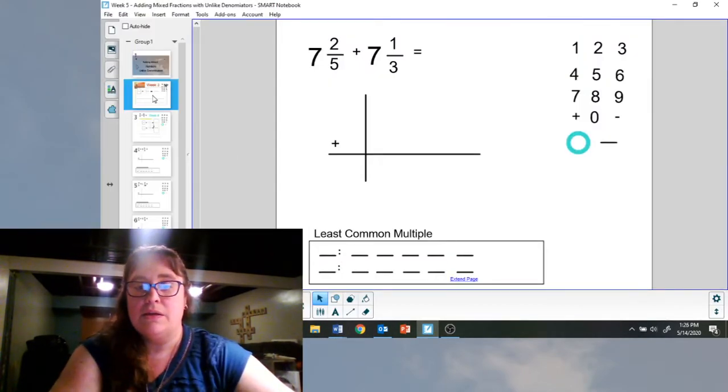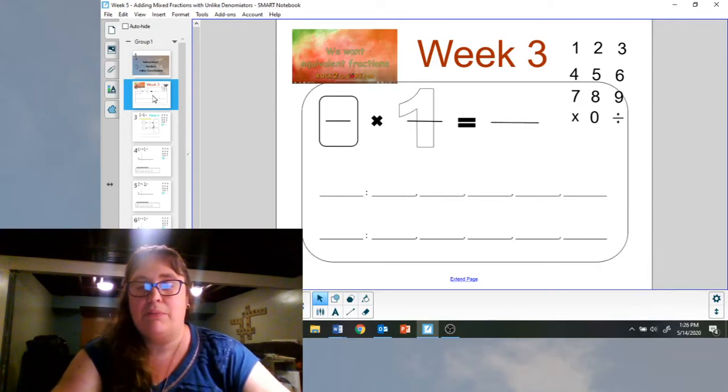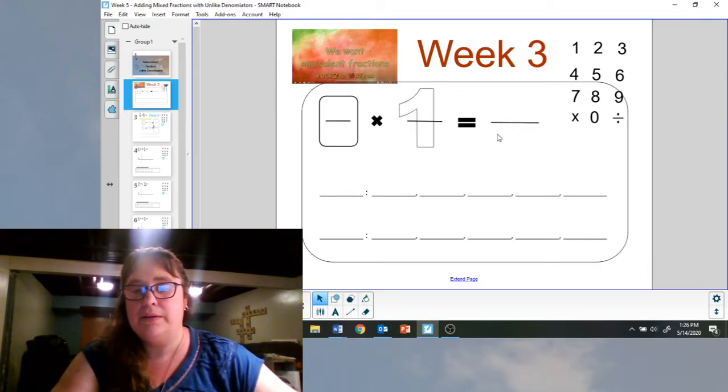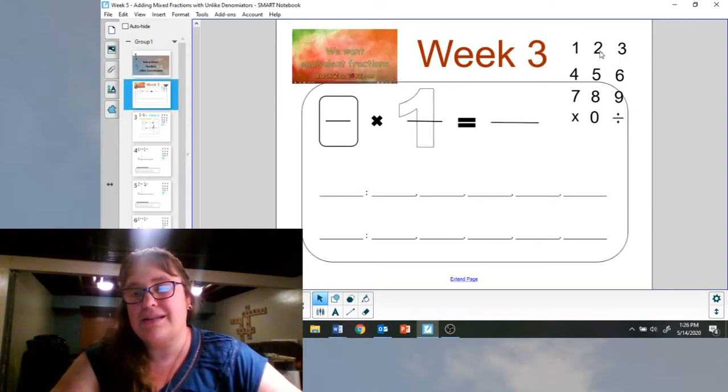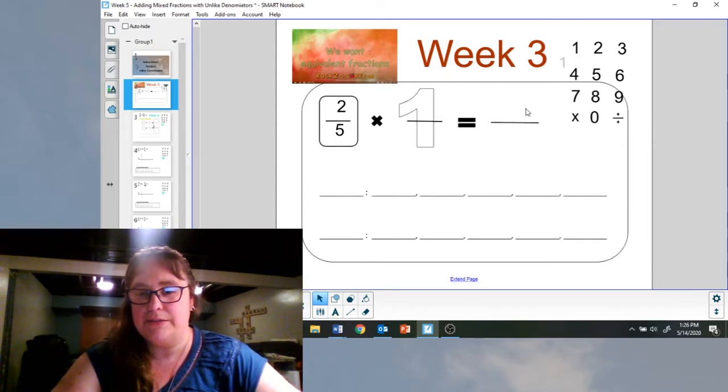All right. So a review from last week, please. Actually 2 weeks ago, we were finding equivalent fractions that are equal to each other. So I'm going to start with a simple one here. Let's say I've got 2/5, and I want to find something that is equal to that that has a denominator of 10.